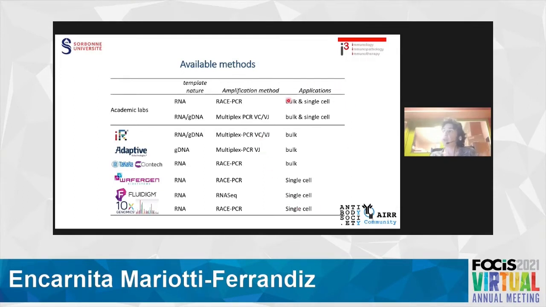The third important point is the application type of samples that can be handled with the different methods. Some of them have been developed and are mainly used on bulk cells, meaning all the cells pooled together. And more recently, some providers and some labs developed single cell approaches.